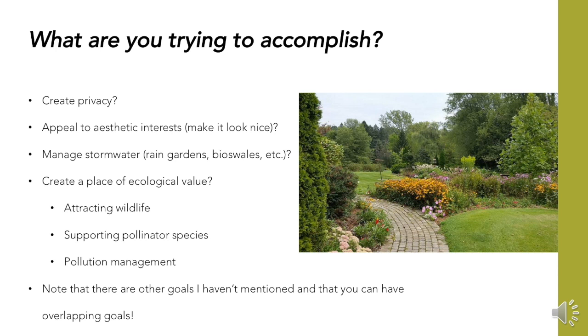Your goals might be to create a place of ecological value, attract wildlife, or support your pollinator species, etc. There are a lot of goals that I haven't mentioned here, and it's important to understand that a lot of these goals can overlap. But the first step in your design process is to consider what you are trying to accomplish with your landscape.